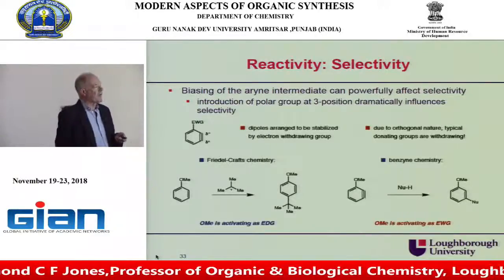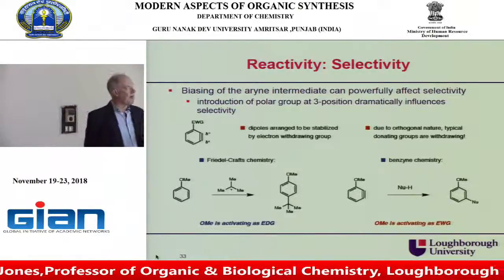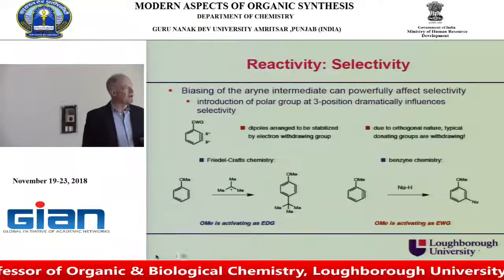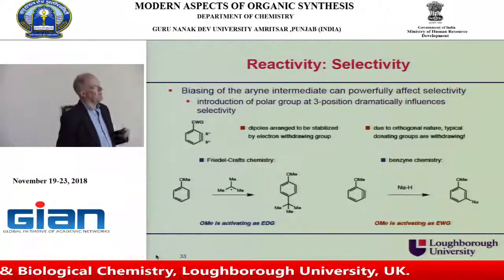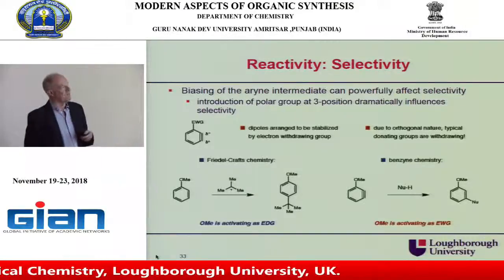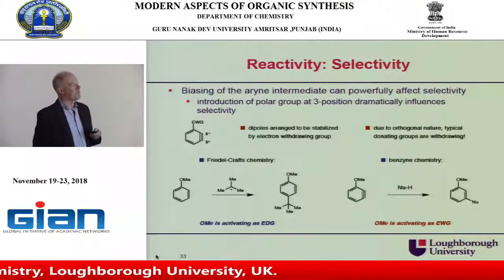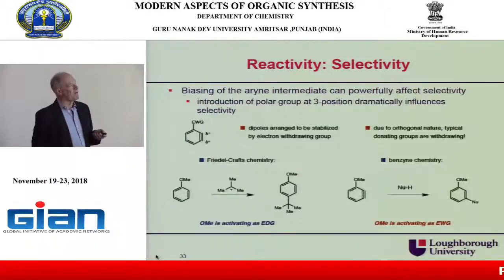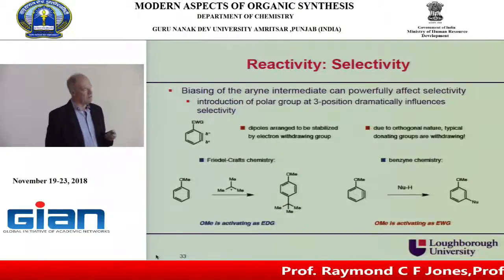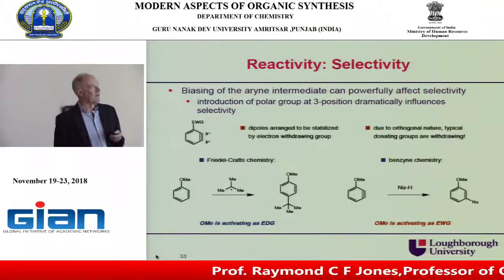What about selectivity? What about if you have an unsymmetrical benzyne and you want to know which carbon will react in preference to which other one? So, unsymmetrical benzynes, any polar group at the 3 position, in other words next door to the benzyne, dramatically influences the selectivity.